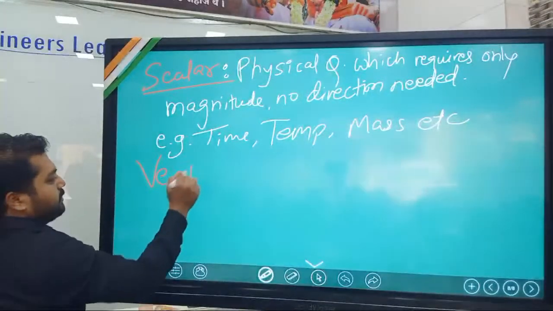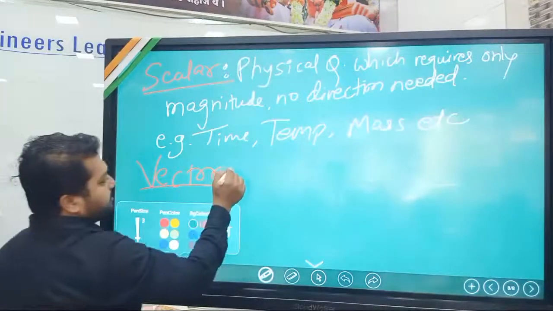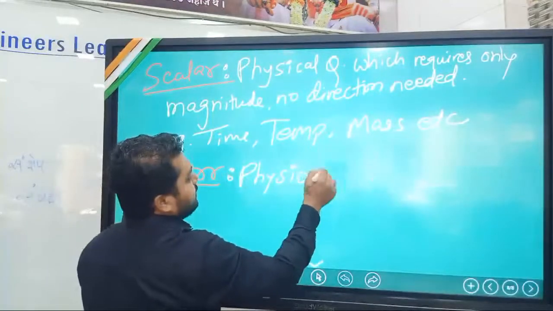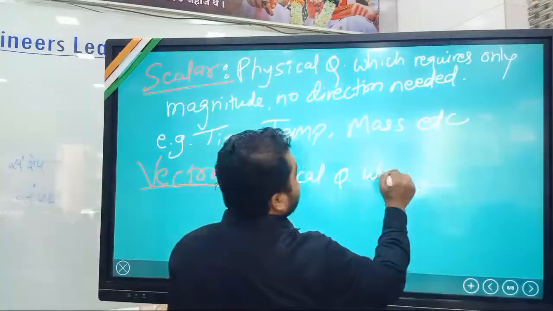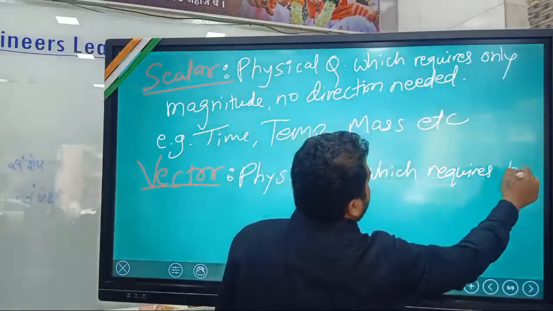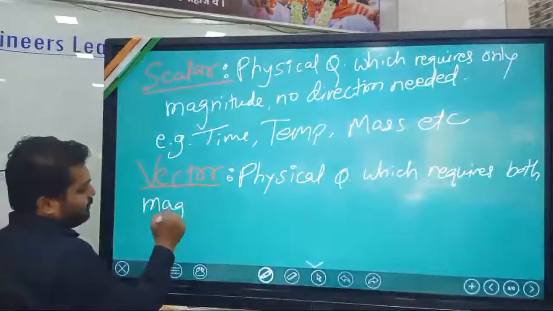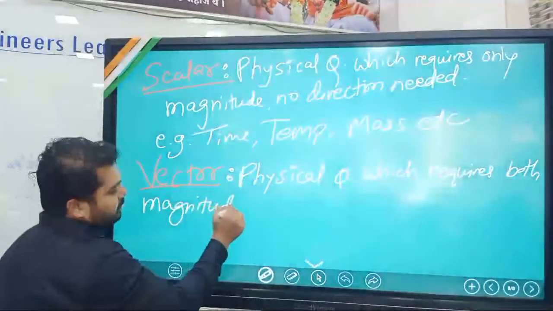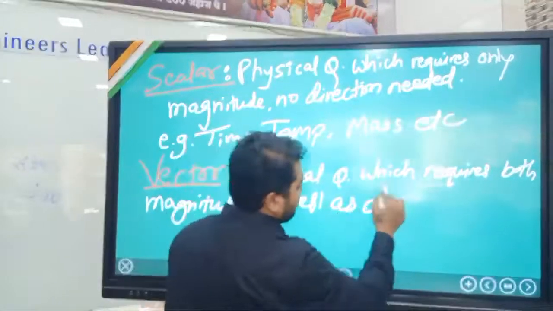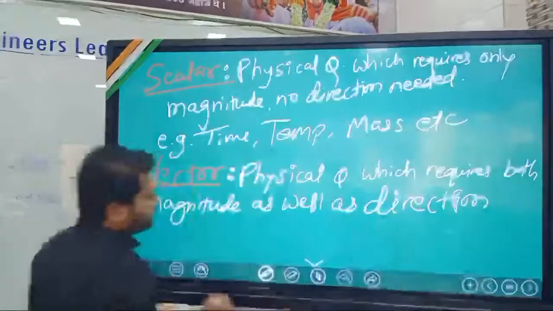Then comes vector quantity. What is vector quantity? Physical quantity which requires both magnitude as well as direction.